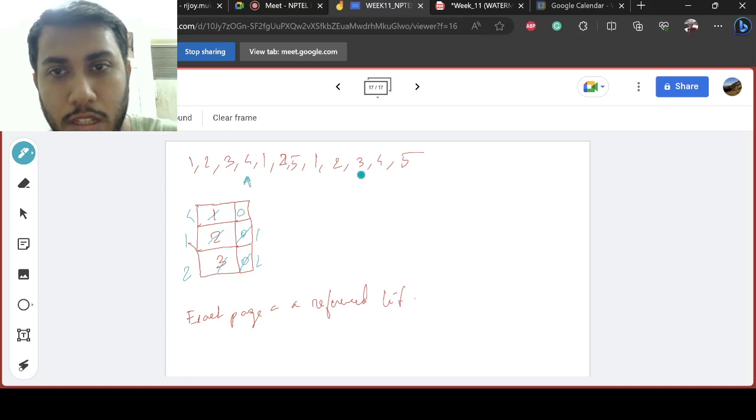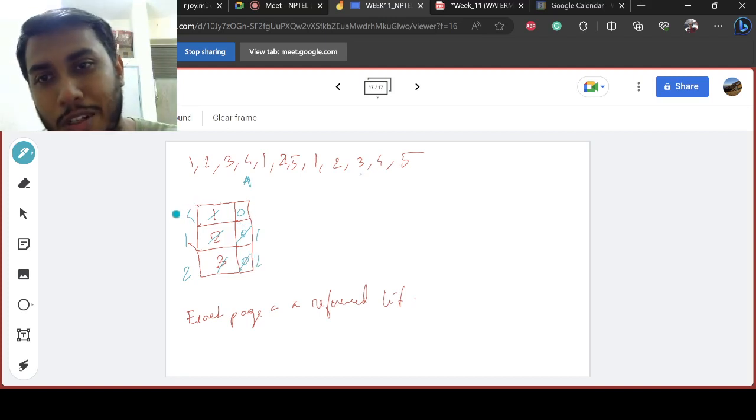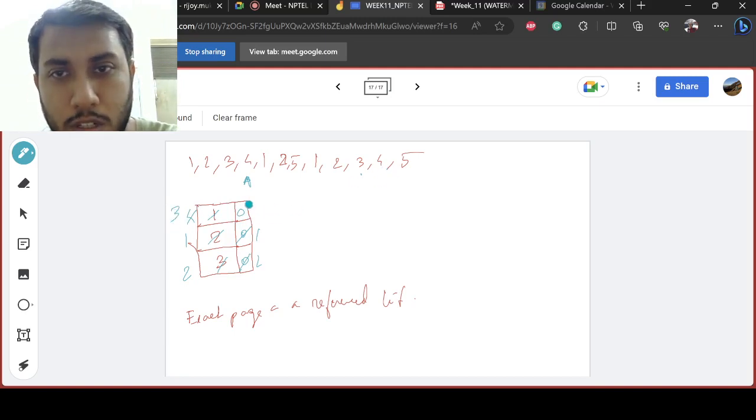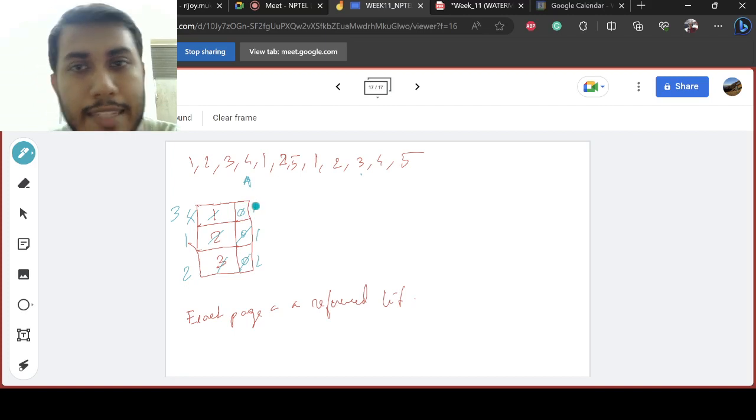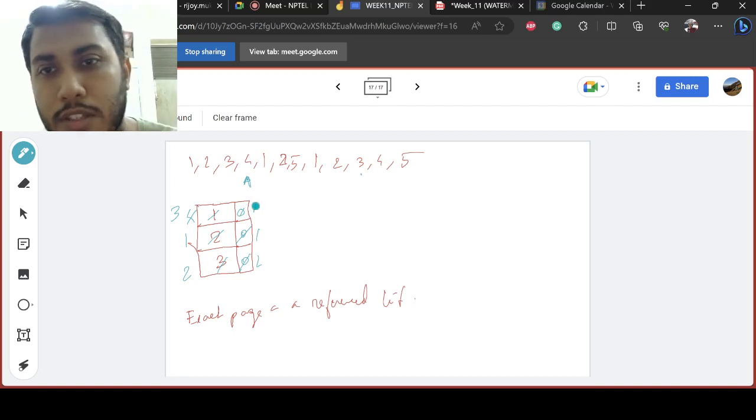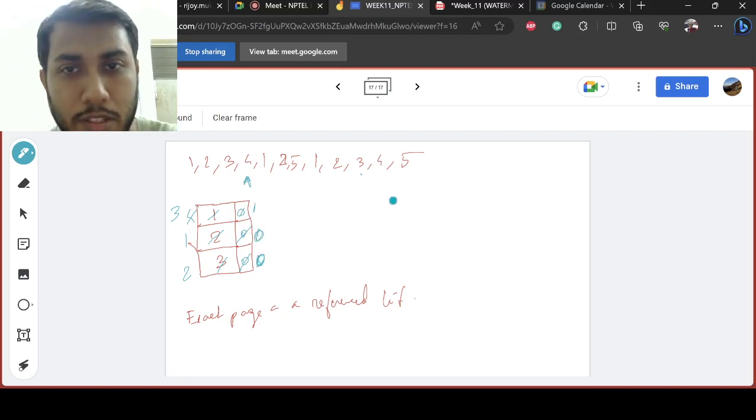Now comes 3. Which one will you evict? The one which has 0. So you will evict this one and put 3 here. Now next comes 4, and you make it 1. At the same time, you make the rest 0 when this happens.